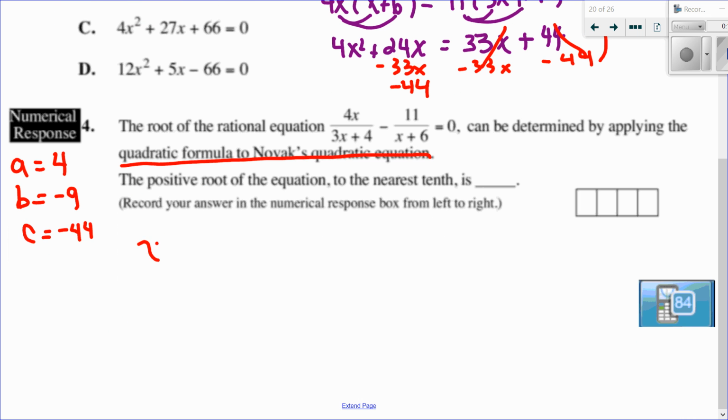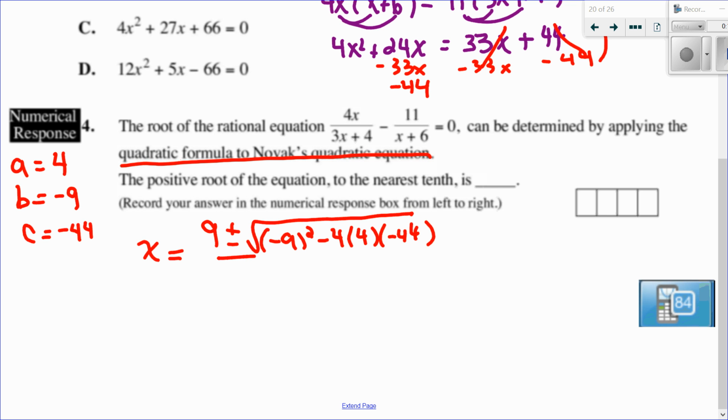So applying my quadratic formula, x is equal to opposite b, so the opposite of negative 9 is positive 9, plus or minus the square root of b squared minus 4 times a times c, all divided by 2 times a.